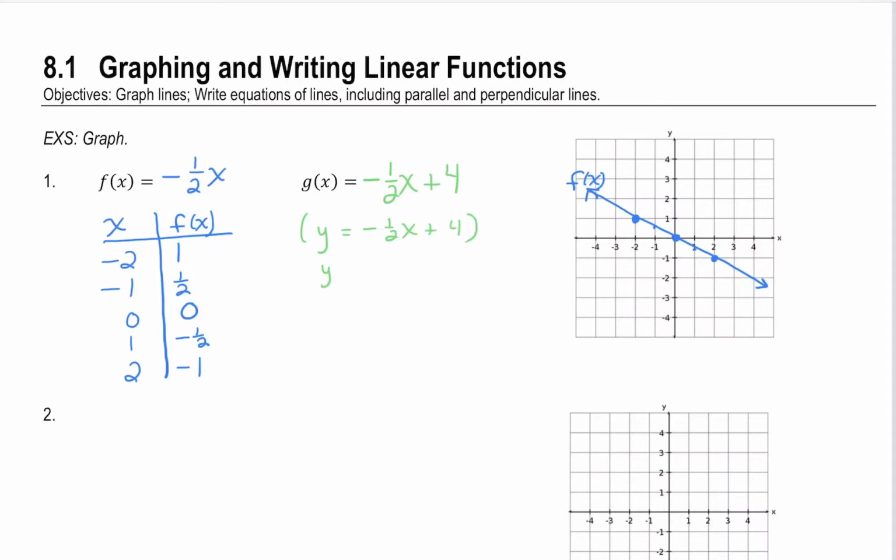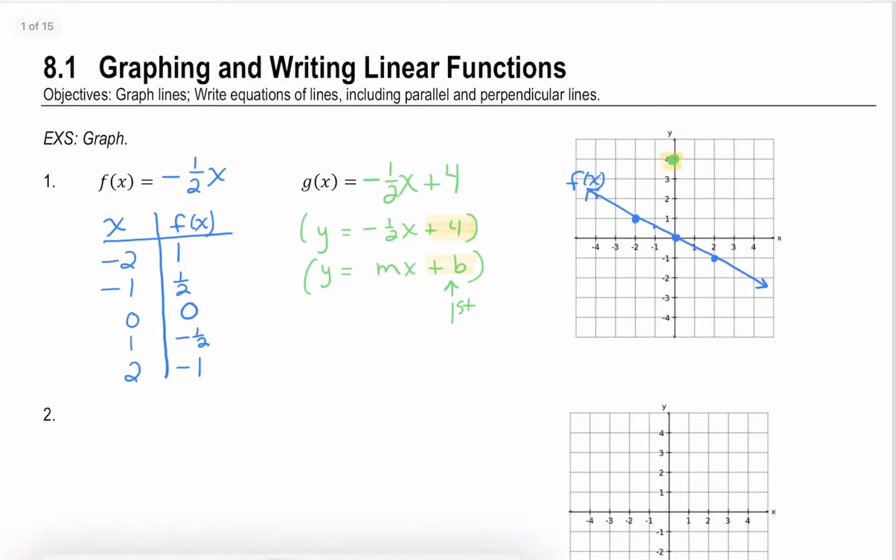And what I actually meant to write was we're in the form of y equals mx plus b. And so the first thing that we do is we plot that b on the y-axis. So we are going to go to 4 on the y-axis, and we are going to plot that y-intercept. So that's what we did first.